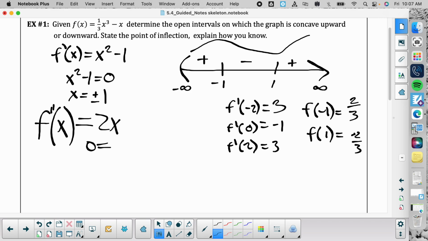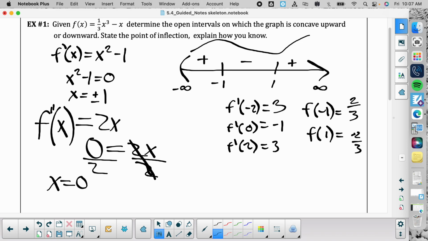So what does he do with the second derivative? Good, very good. We're not doing many problems today.